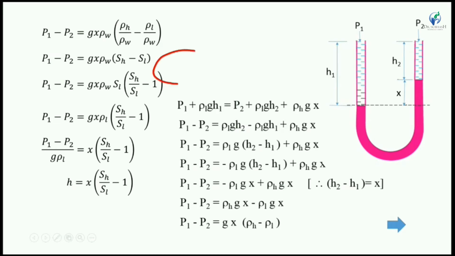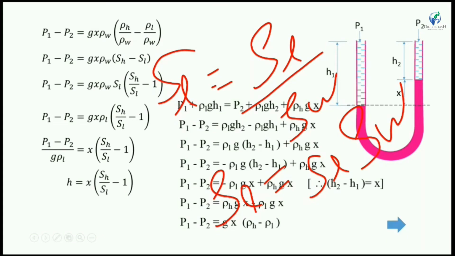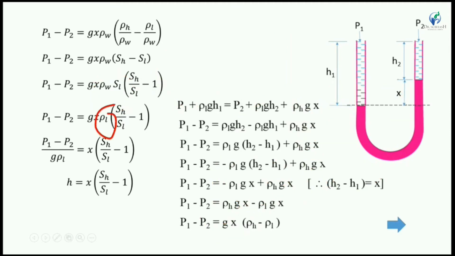Now we know that the specific gravity of light liquid is equal to the density of light liquid upon the density of water. So the density of light liquid is equal to the specific gravity of light liquid times the density of water. So we can write the density of light liquid here. Now g into ρL is moved to the left side, under P1 minus P2, so the equation becomes as shown in the slide.